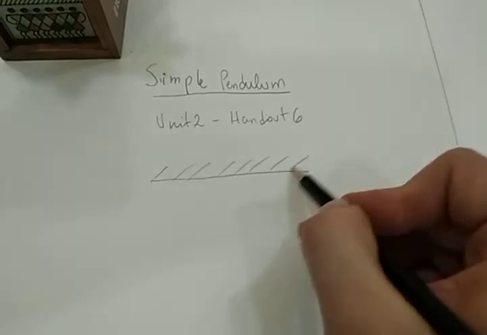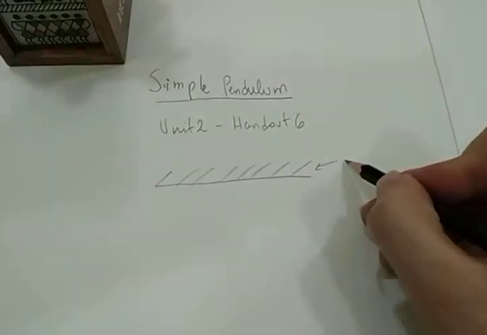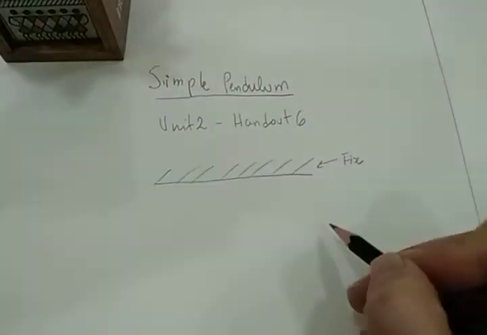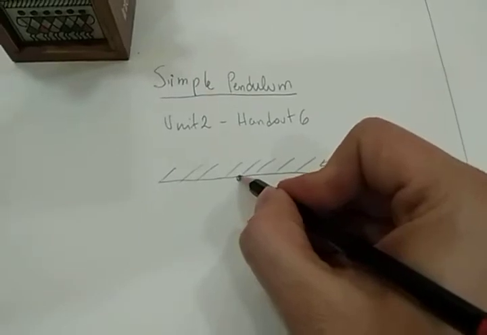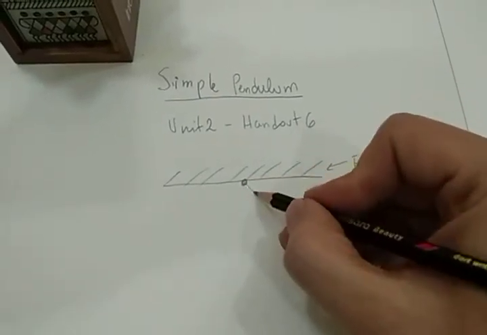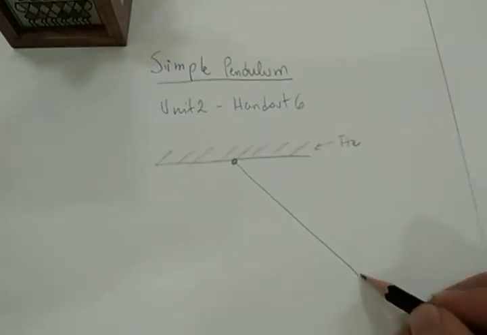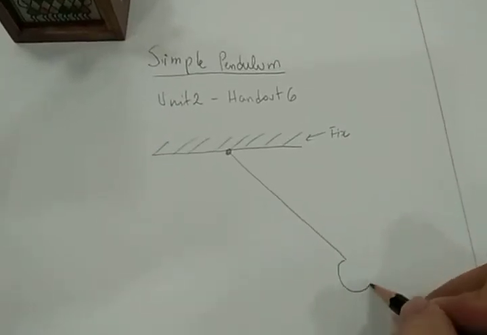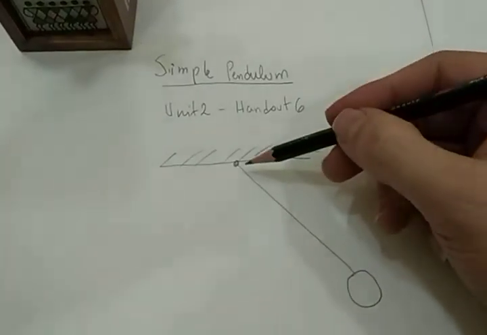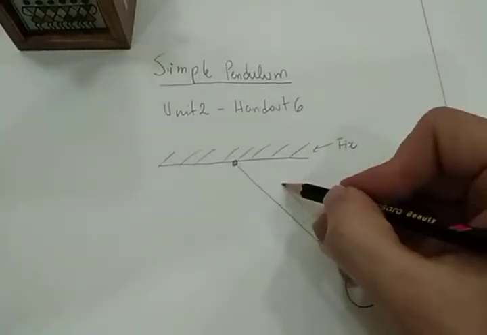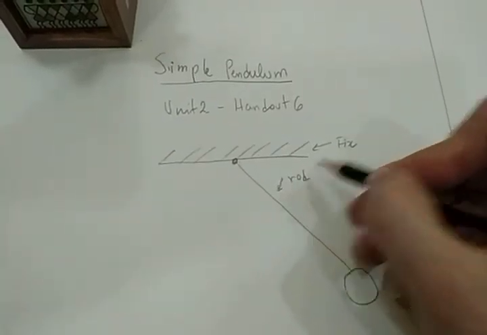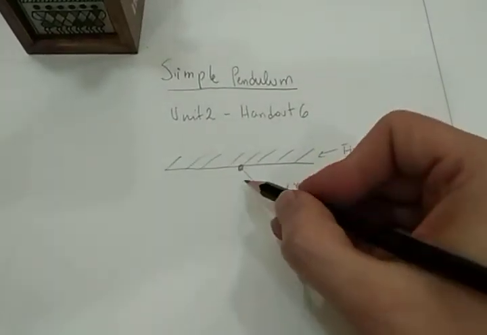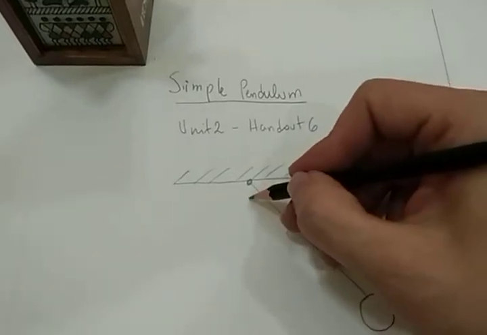So we will assume that we have this fixed support. This is fixed. And on this support, we will have the pendulum, which in fact is just a rod, and the length of this rod is known.